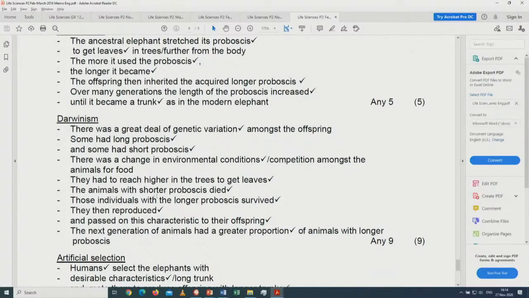The animals with shorter proboscis, they died. Those individuals with longer proboscis, they survived. Then they reproduced and passed on the characteristics to the next generation of offspring. And the next generation of animals had a greater proportion of animals with longer proboscis.